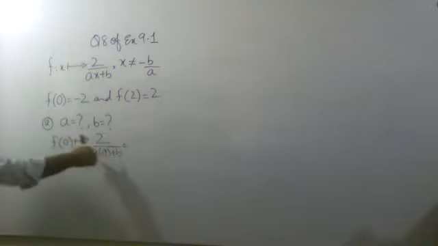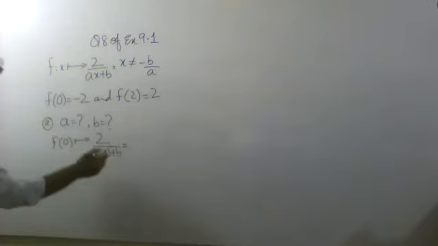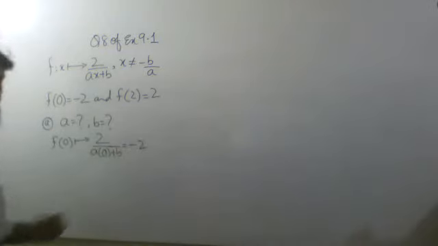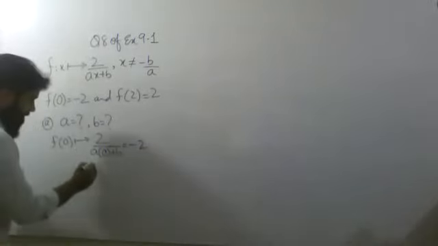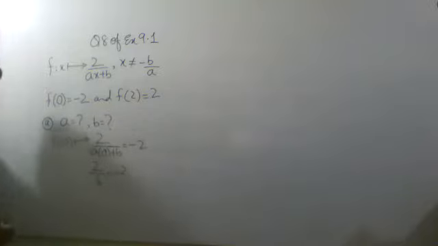And this is equal to minus 2 because that's the value given to us over here. So I have equated it with minus 2. After that, simplifying it, 2 upon b equals minus 2.